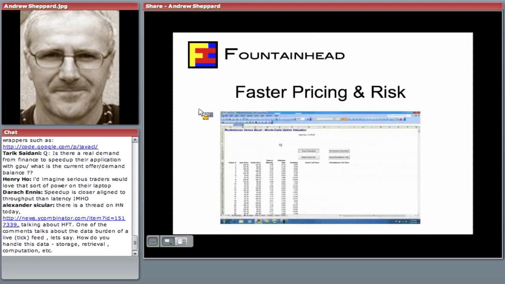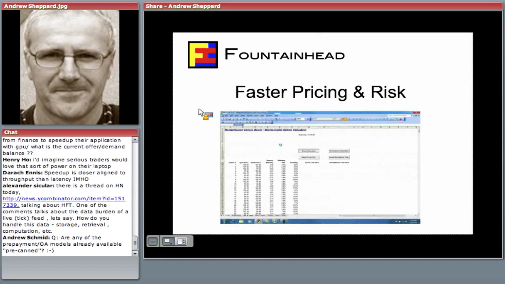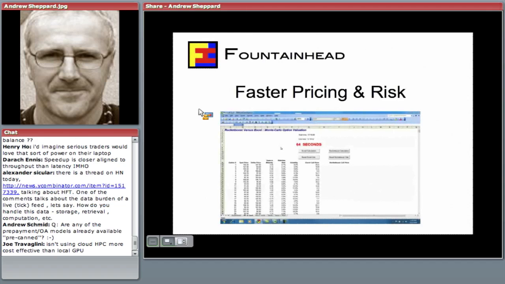In this little demonstration, I've connected Excel up to a GPU to price 1,000 options using the Monte Carlo technique. The Monte Carlo technique is intrinsically very heavy number crunching, and using the features of Excel, it's taken 64 seconds to do 1,000 options on that basis. Now, within Excel, I've connected it up with a small software utility I wrote.